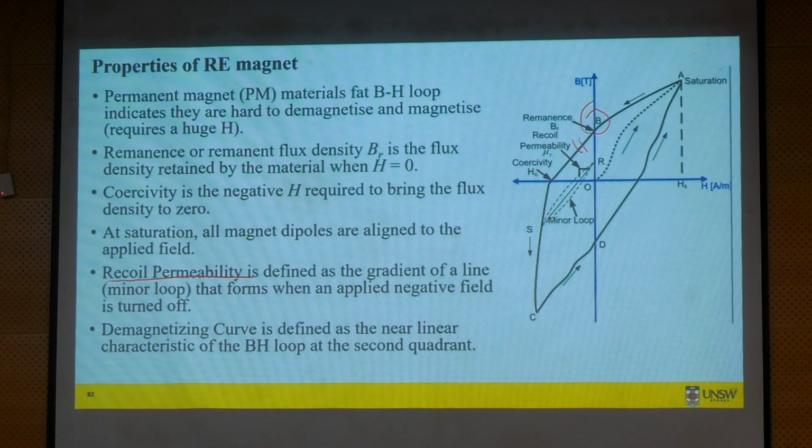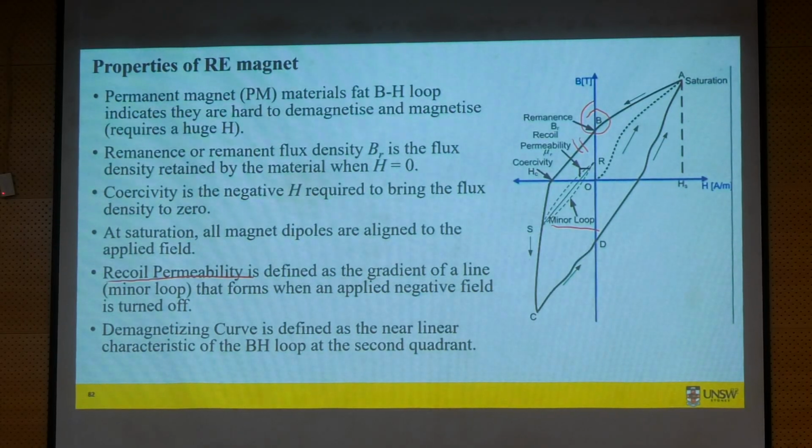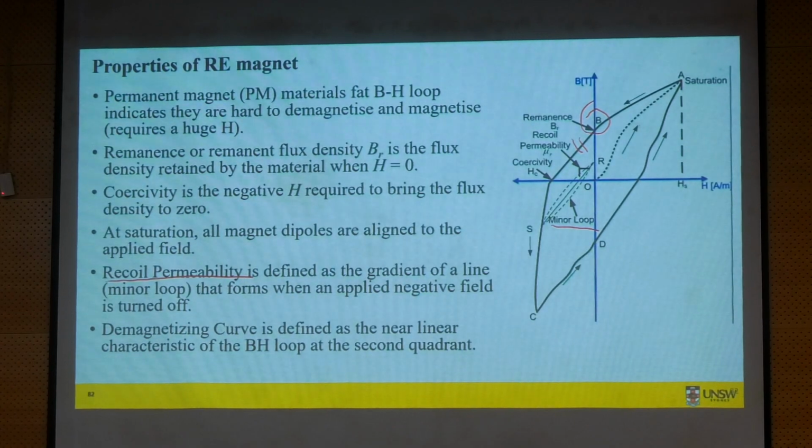Since it's a BH loop, when it operates with AC current, like for AC machines, three-phase AC machines, sometimes some minor BH loop can form, okay? So this minor BH loop forms when your current is changing. Especially if we do field-oriented control, you may supply negative ID current, okay?